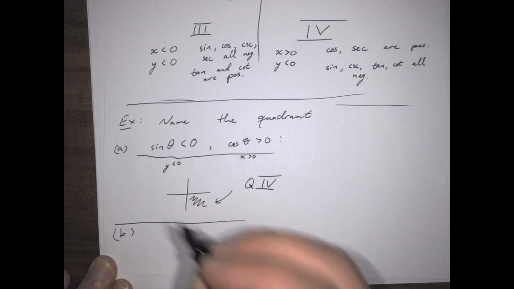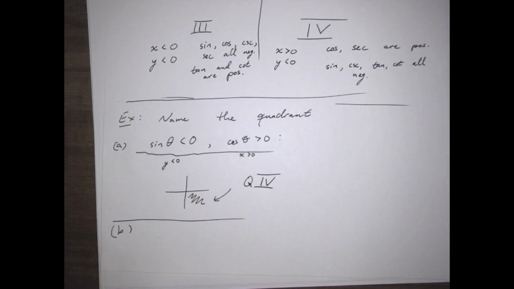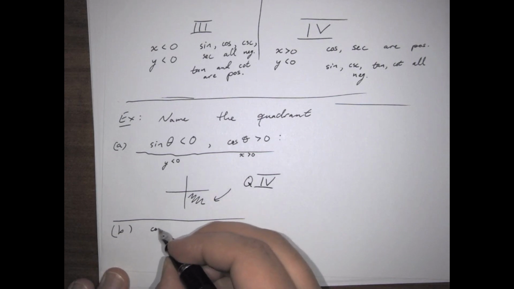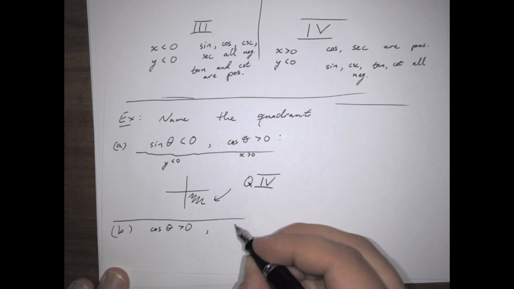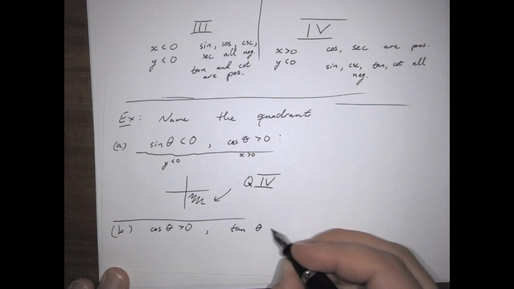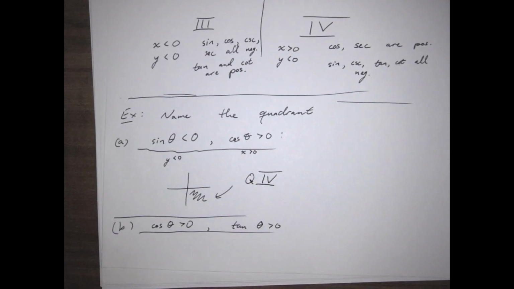Okay, well, what about this? Let's take another one. Let's say cosine is positive, tangent is positive. So now, what does that mean?